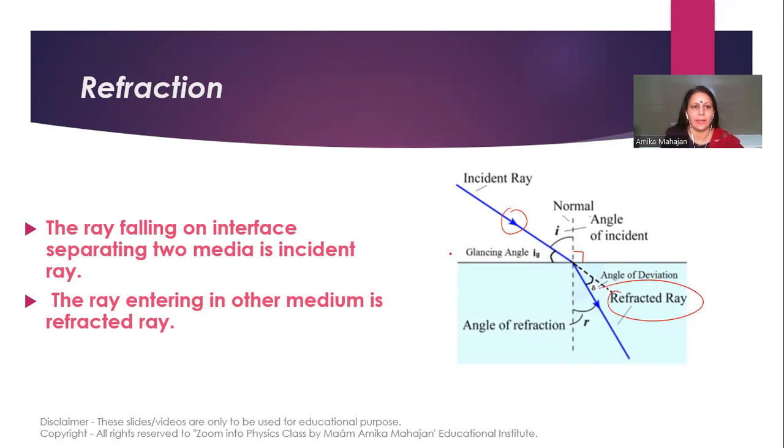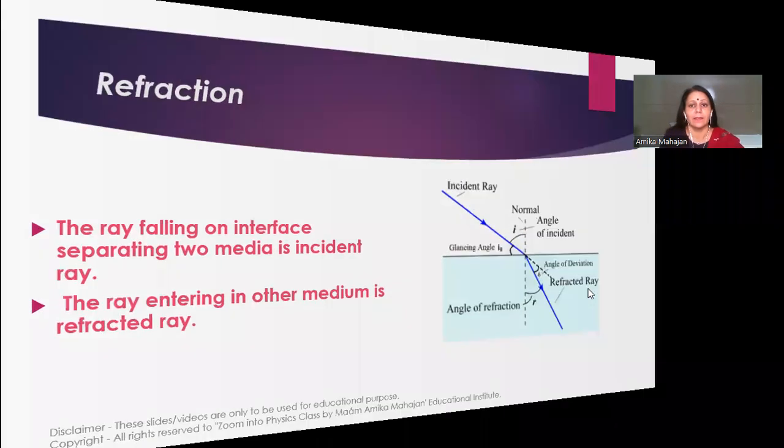So what is the incident ray? The ray falling on the interface separating two media is known as the incident ray, and the ray passing into the other medium after refraction or bending is known as the refracted ray.